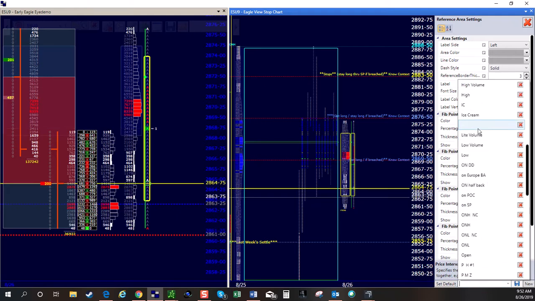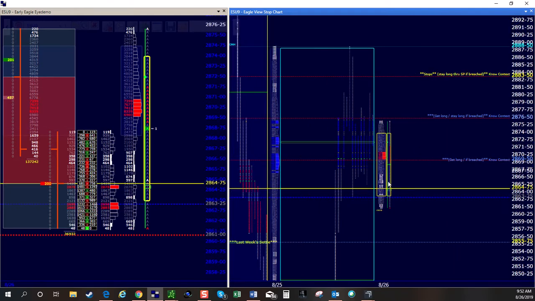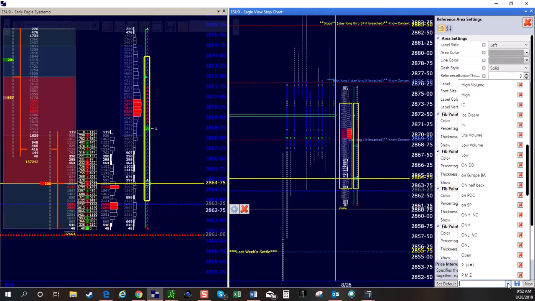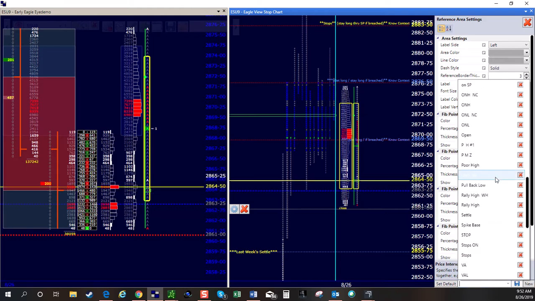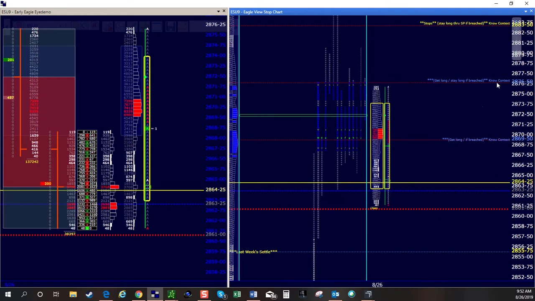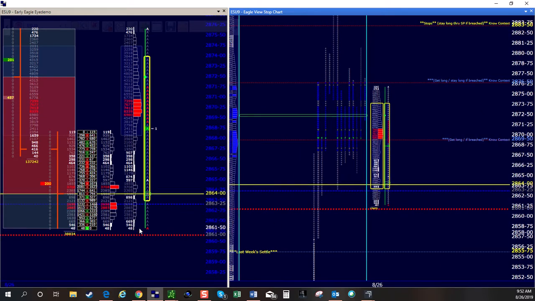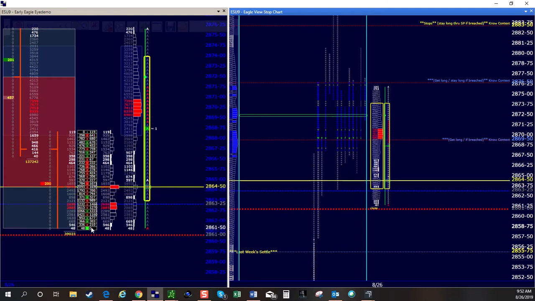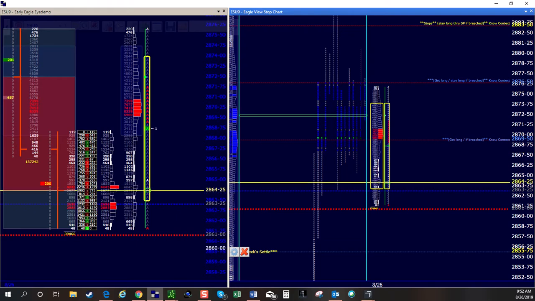Pretty soon I'll get ready to move my stop to reduce exposure. When I move my stop, I'll move it right here to the low of 61.50. If that's the low, it's going to last. It's nothing to think about, just in an effort to reduce my exposure.